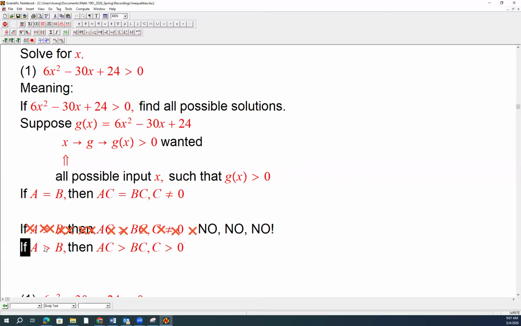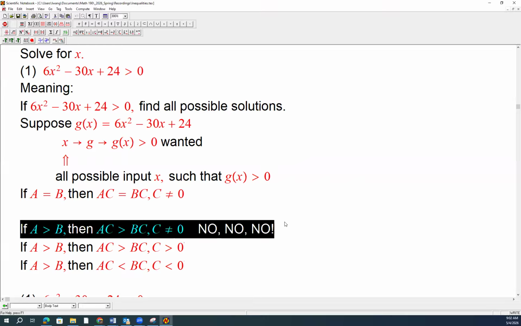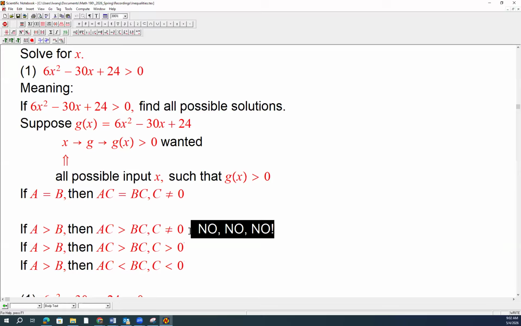And if A is larger than B, there's another statement: what if C is negative? Then A times C will be less than B times C if C is negative. So let me clean this up. This earlier statement is wrong.